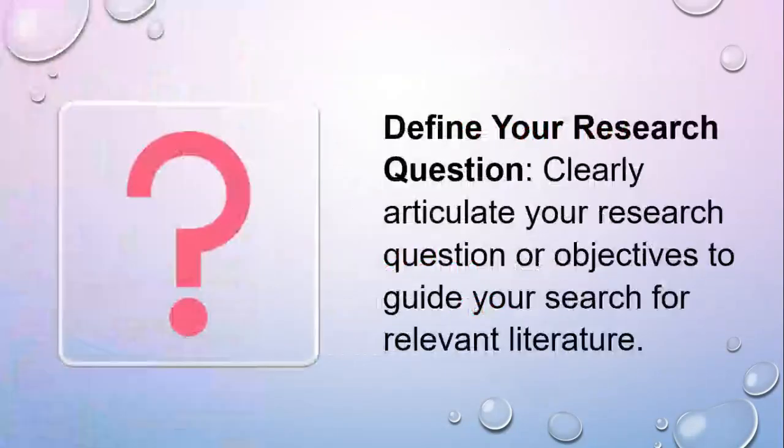Next, before we conduct any literature review, we need to clearly articulate our research questions, because this will guide us to the relevant literature. So defining our research question is the first step before we move on to the next part.